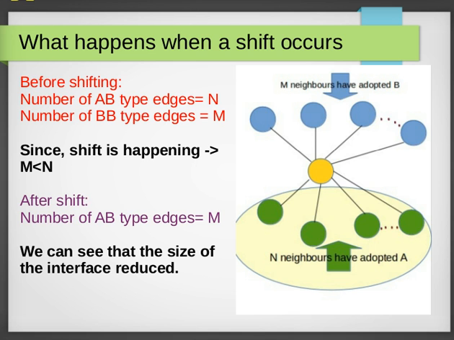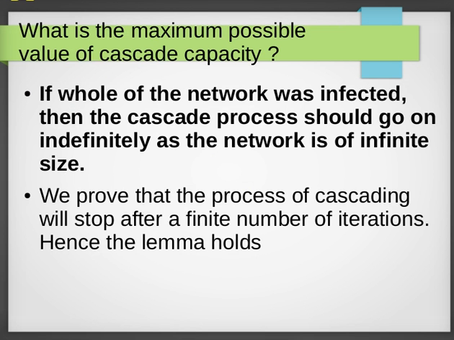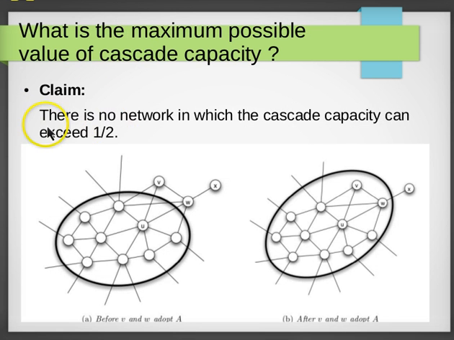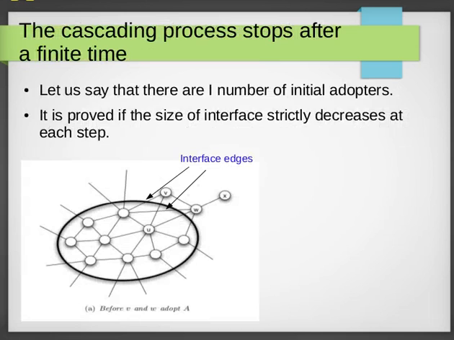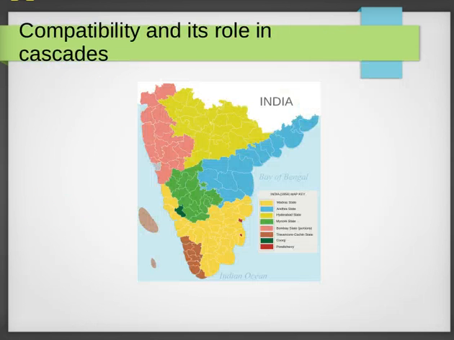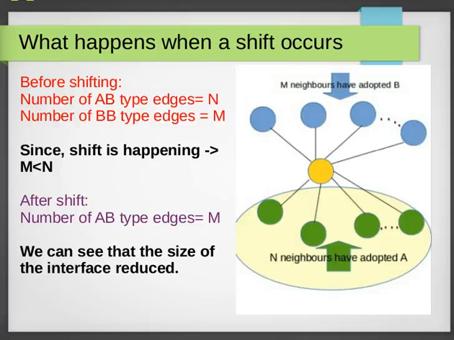When we started with the lemma, we already took the assumption that our cascade capacity is greater than 1 by 2, and after that we show that your process will stop after a finite number of steps.